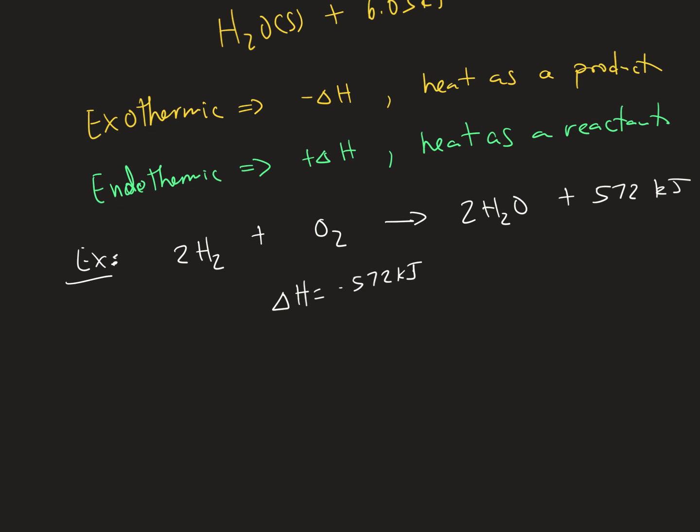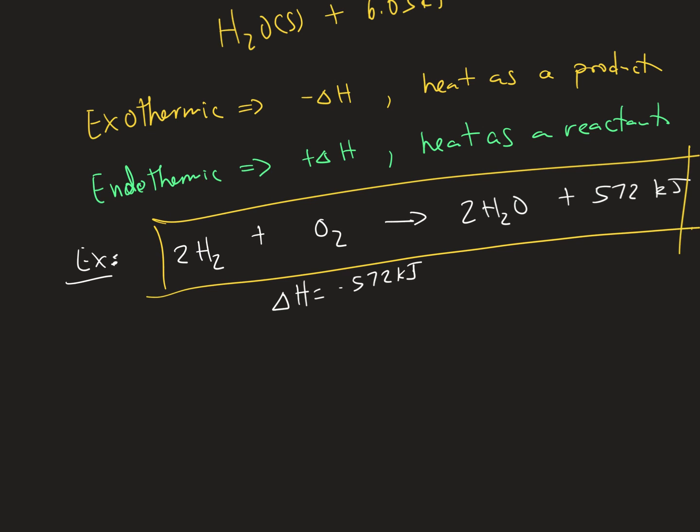But this one right here sets us up to do calculations. And that's what we're going to do in this class. So let's do an example from here. How much heat is released by burning 48.1 grams of hydrogen gas?